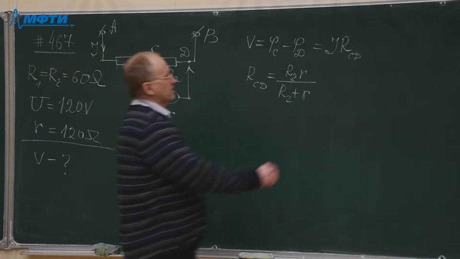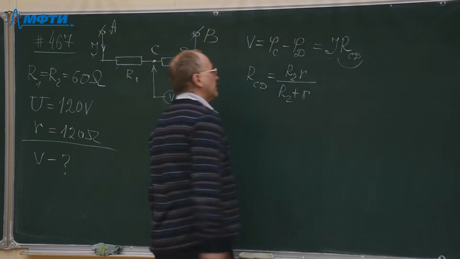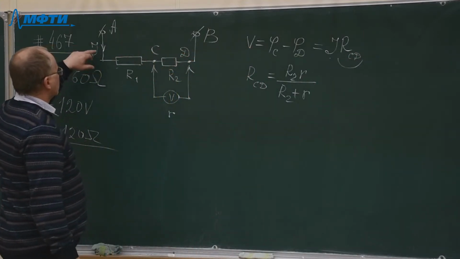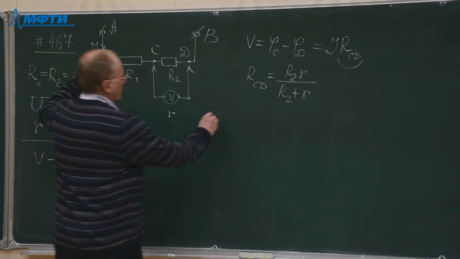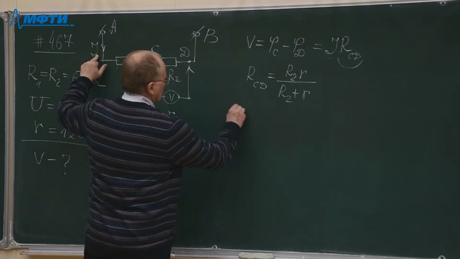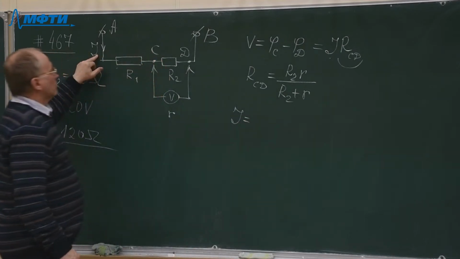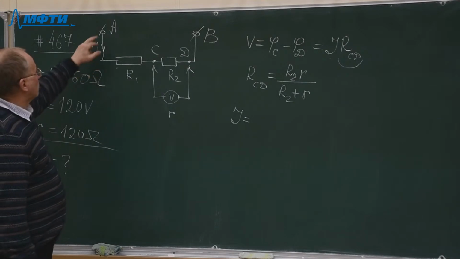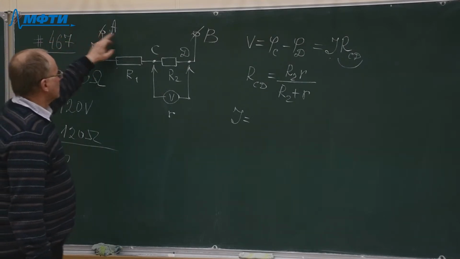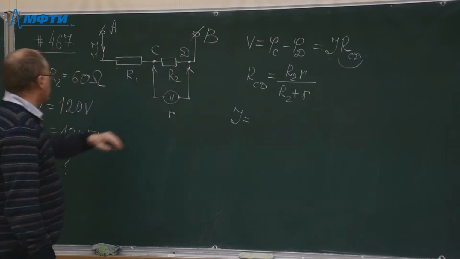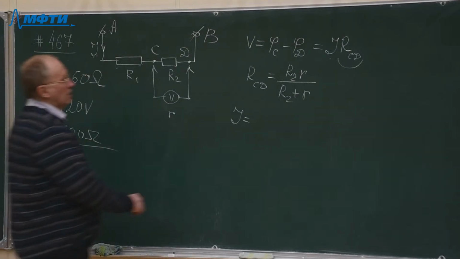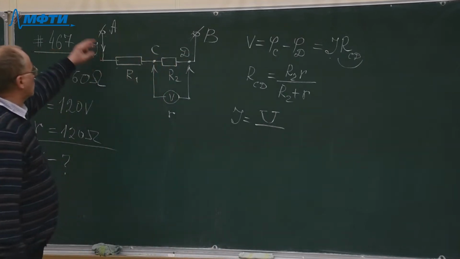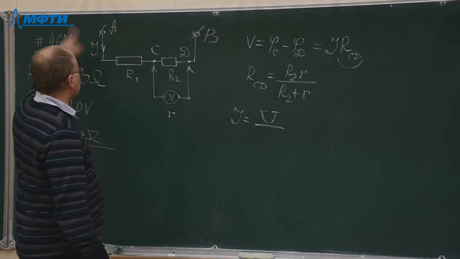Okay, we have found this quantity, and now we need to find the total current which will be in this circuit, and the total current, again according to Ohm's law, will be directly proportional to the potential difference between points A and B, which is given in this problem, and inversely proportional to the total resistance of this circuit.